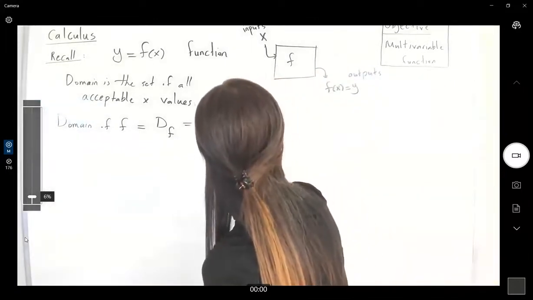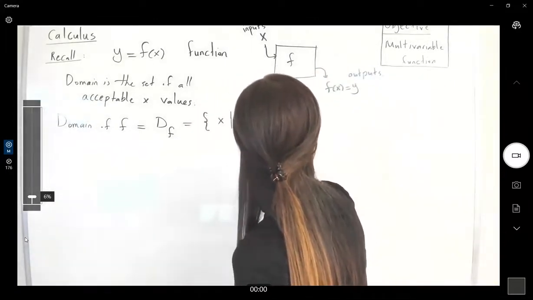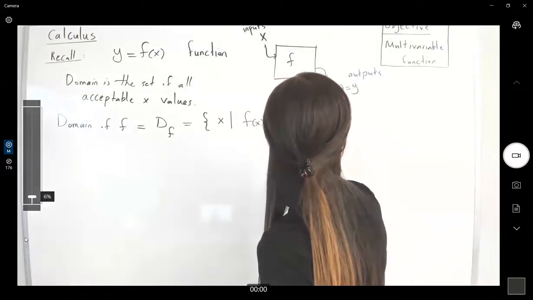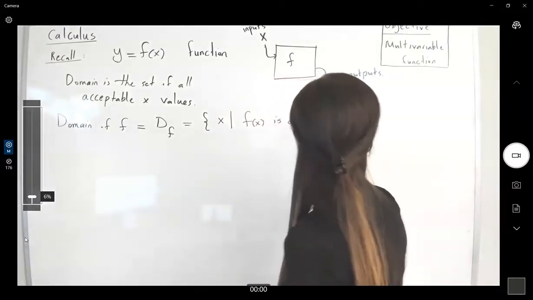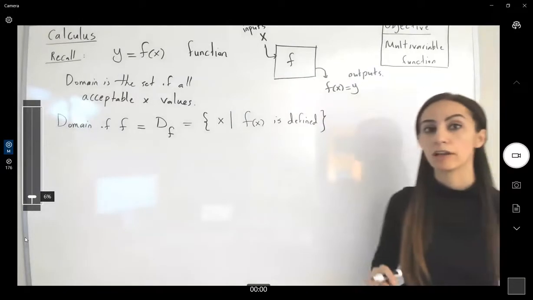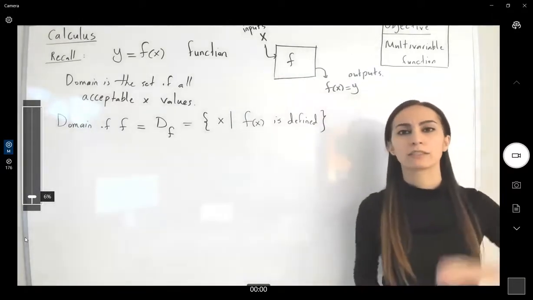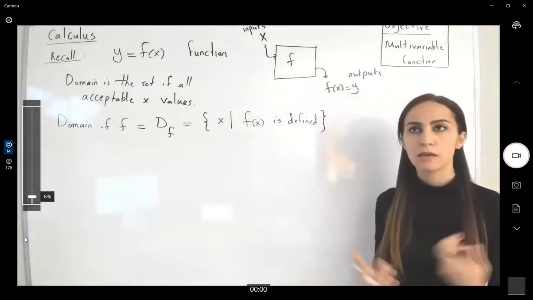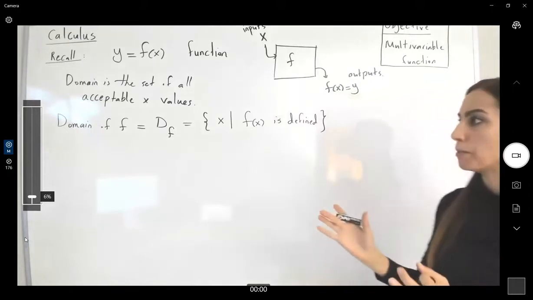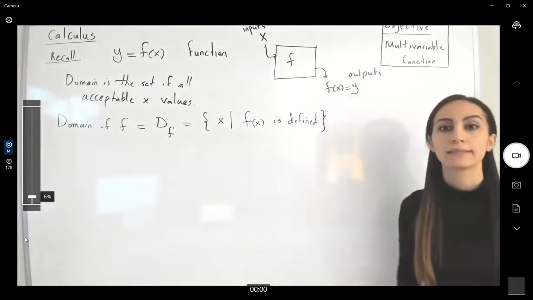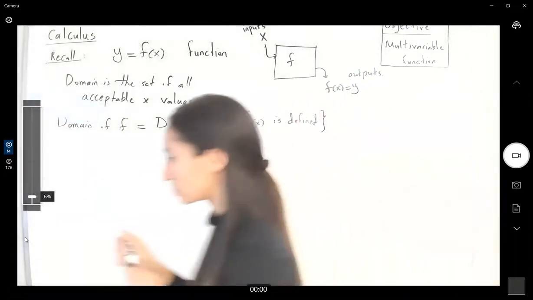So f of x is defined. This is what we learned in algebra, in pre-calculus, in elementary calculus. So remember that the domain is the set of all x values.